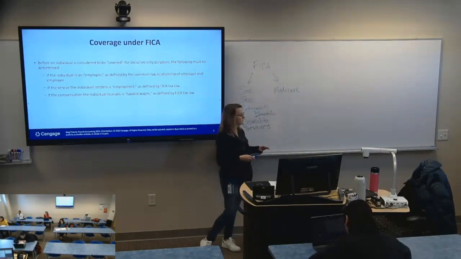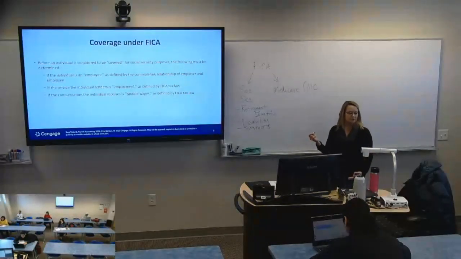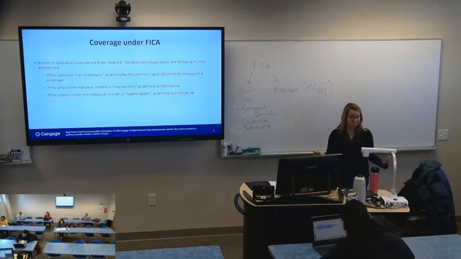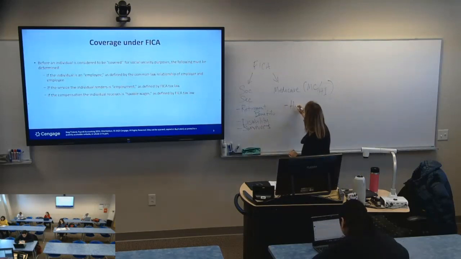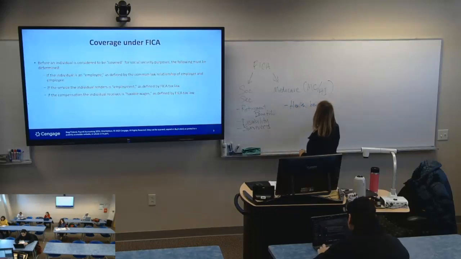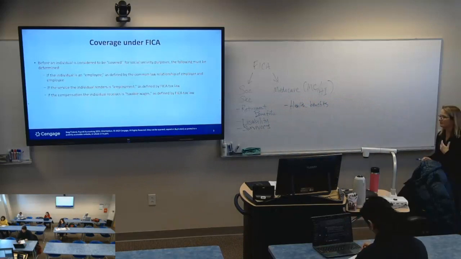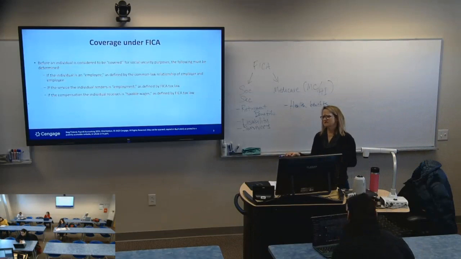So that's Social Security. Medicare, which I often abbreviate as MC, your book uses the abbreviation HI. HI stands for health insurance. Medicare is a type of health insurance, so these are health benefits. There are different types of Medicare: Medicare A, Medicare B, Medicare D, and I think there's a C as well.